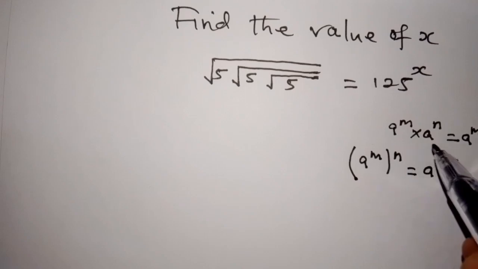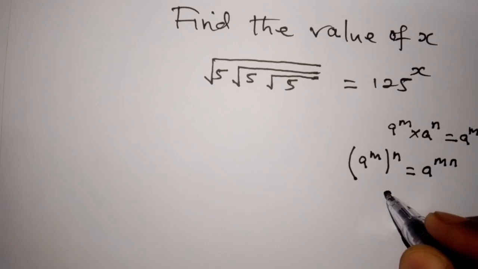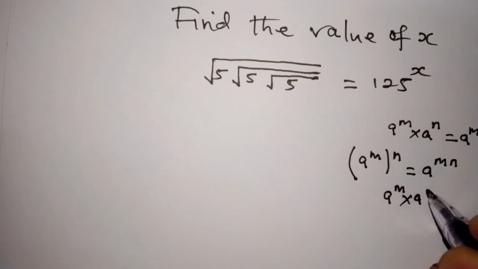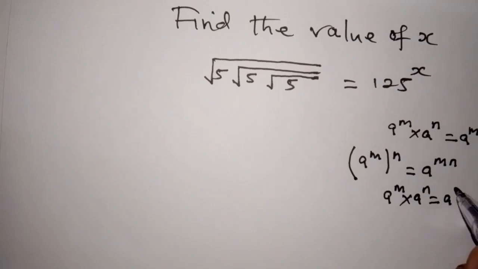We can write this one where it is divisible. a power m times a power n is equal to a power m plus n.